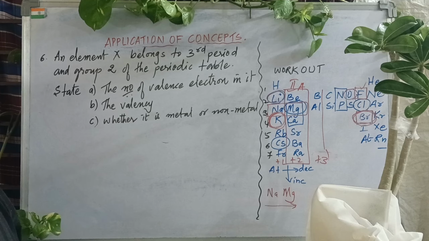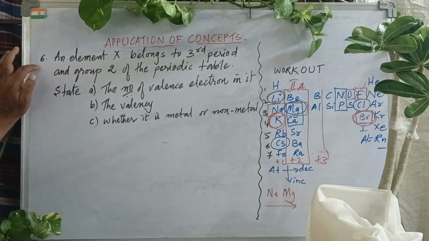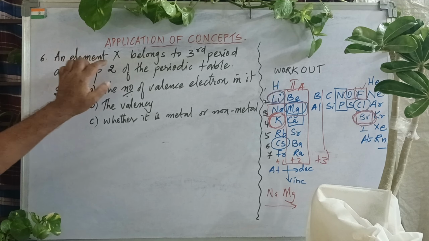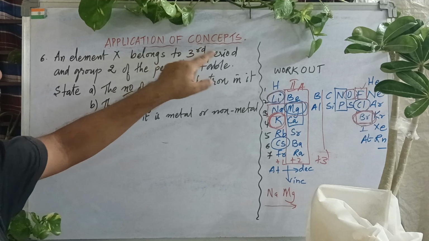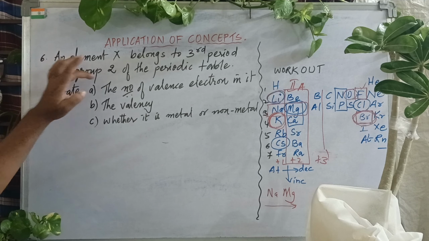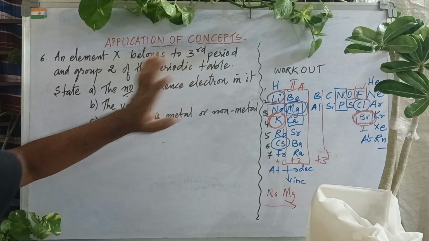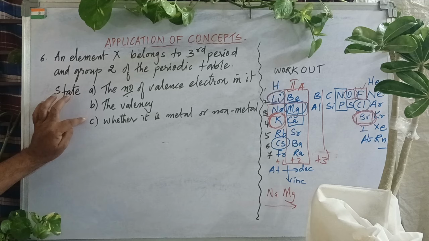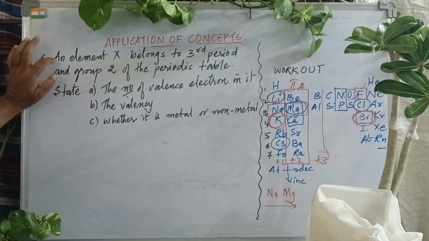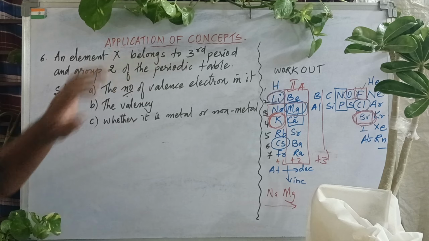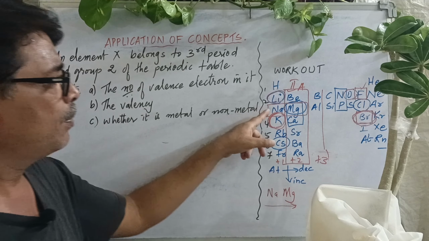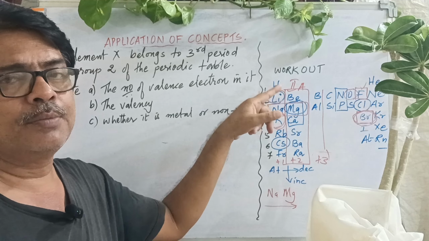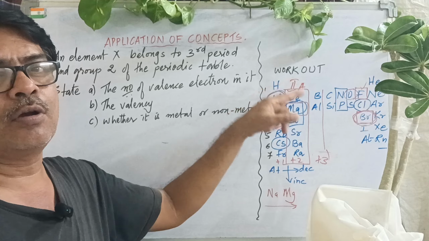Now let us answer question number 6. An element X belongs to the third period and group 2 of the periodic table. So these are the questions we are supposed to answer. An element X belonging to the third period: sodium, magnesium, aluminum, silicon, phosphorus, sulfur, chlorine, argon.